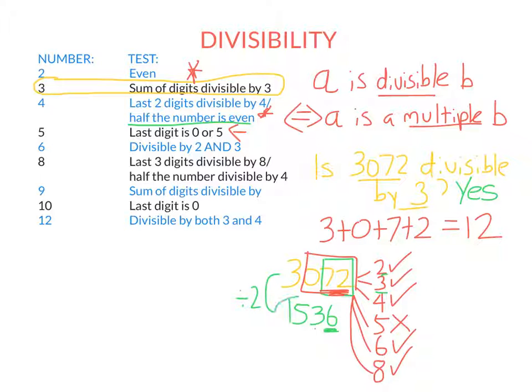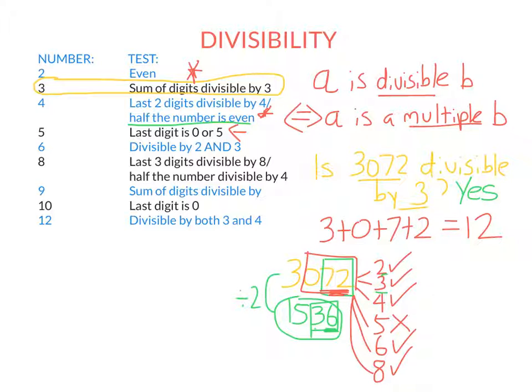So we know 1,536, which is half of 3,072, that number is divisible by 4, because 36, the last 2 digits are divisible by 4. I hope I haven't confused you. I just wanted to show you 2 tests for the number 8, because it can be quite tricky to determine whether or not a number is divisible by 8.